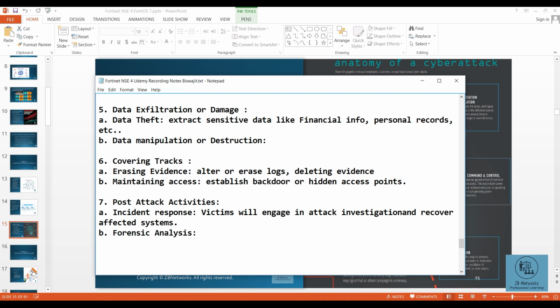Here the forensic team would do their forensic analysis job, which is used for determining the attack scope. So how far the attack has escalated or persisted in the network?